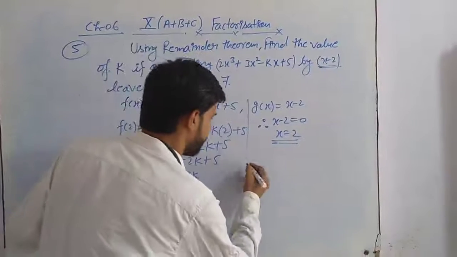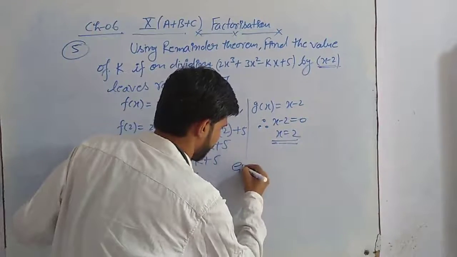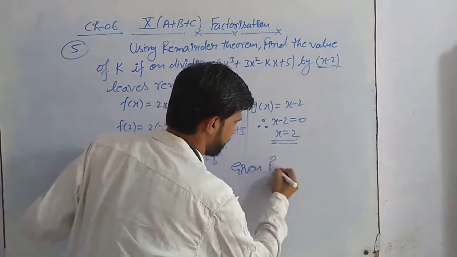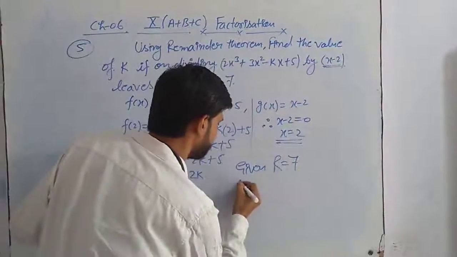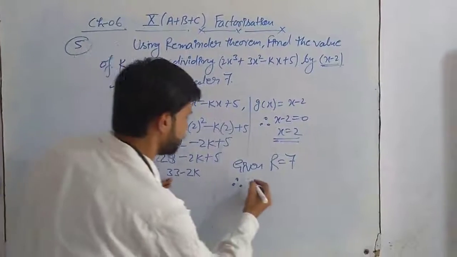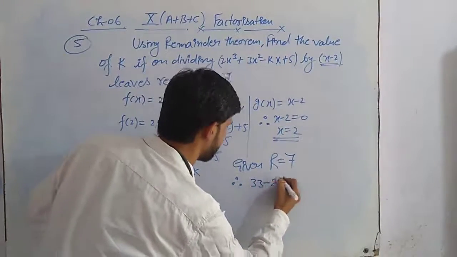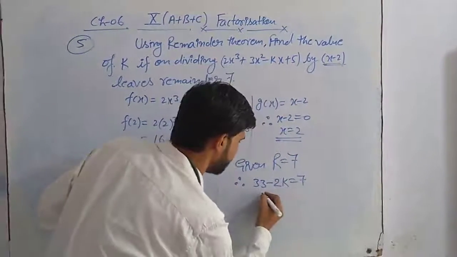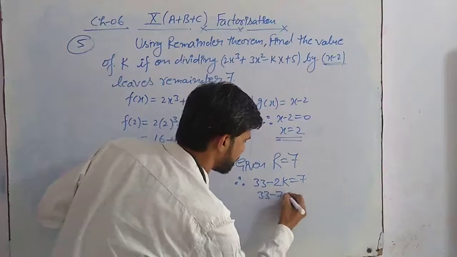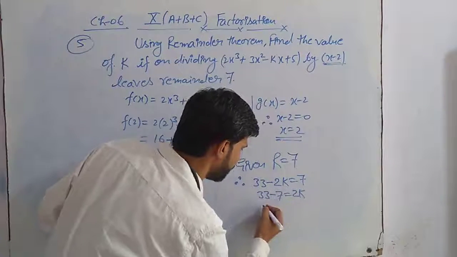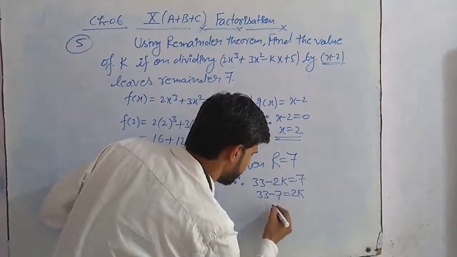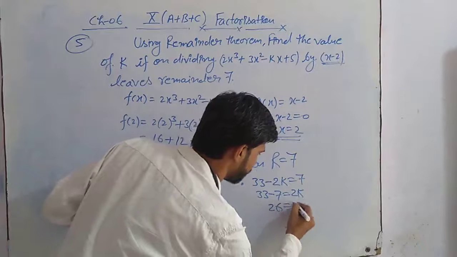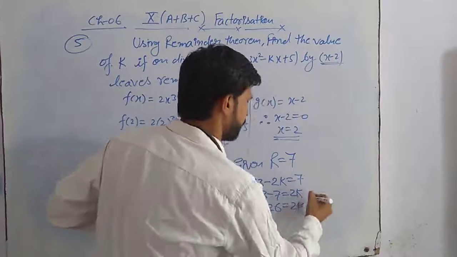Therefore, the given remainder is equal to 7. On equating, 33 minus 2k is equal to 7, then we get 33 minus 7 is equal to 2k. 26 is equal to 2k.